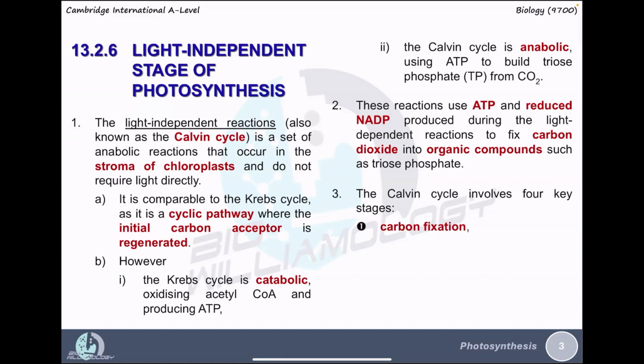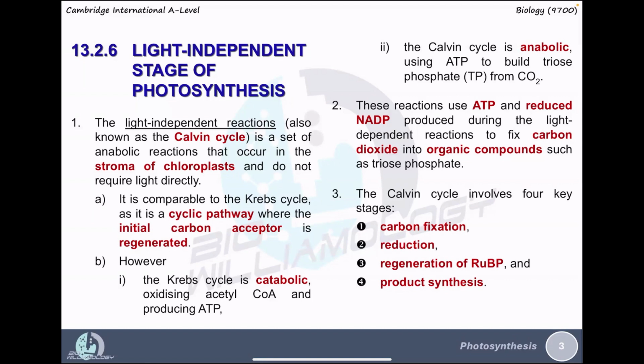So the first process is known as carbon fixation, followed by reduction and regeneration of RuBP. These 3 stages are part of the Calvin cycle. The process of product synthesis branches out from this Calvin cycle.